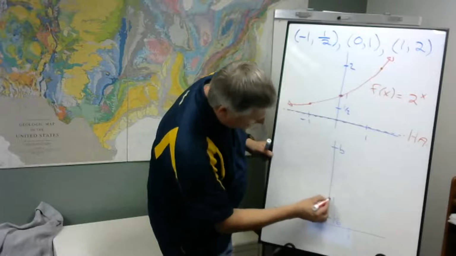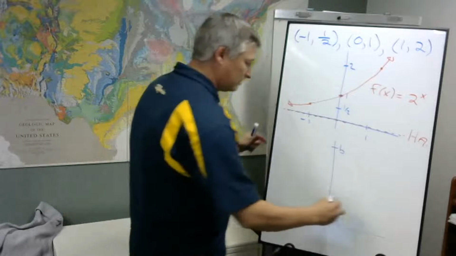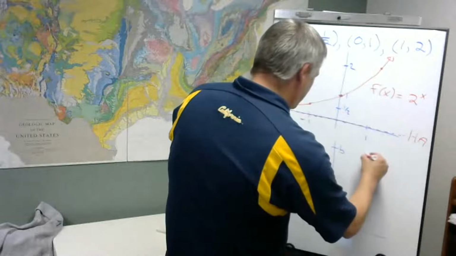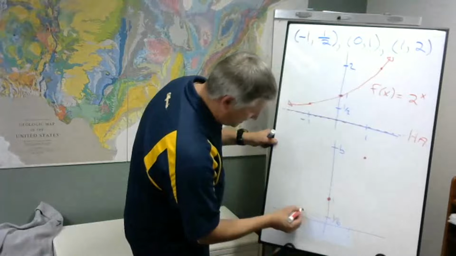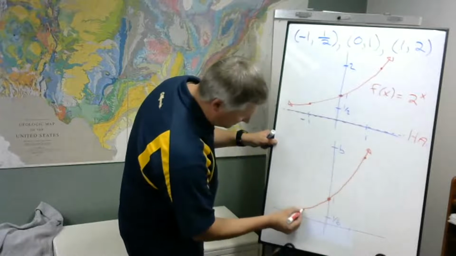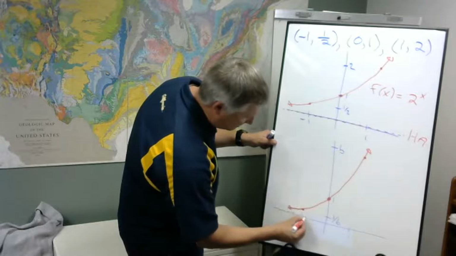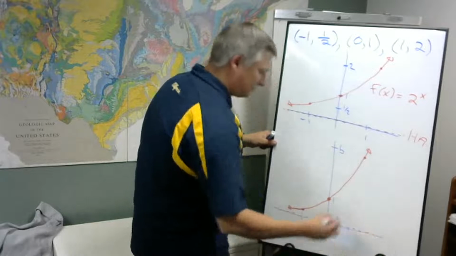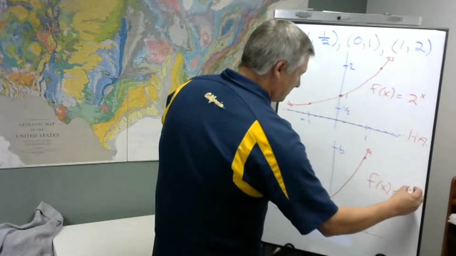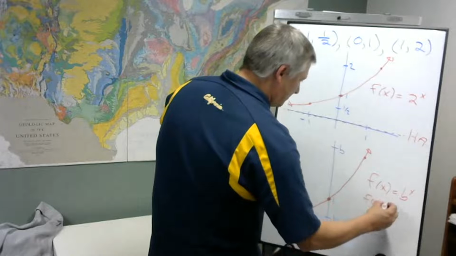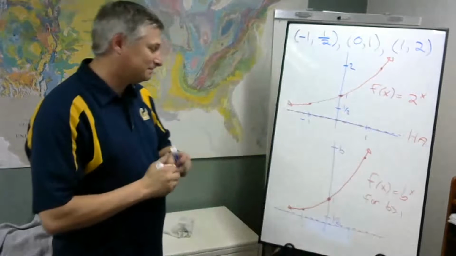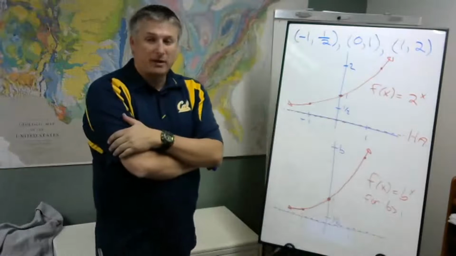We're going to have 0 and 1. That's always going to be there, unless there's a transformation, which we'll talk about in a bit. And then 1 and b. And the general shape is going to be this. And then we have that horizontal asymptote, for b greater than 1. So that's the general shape of that graph.